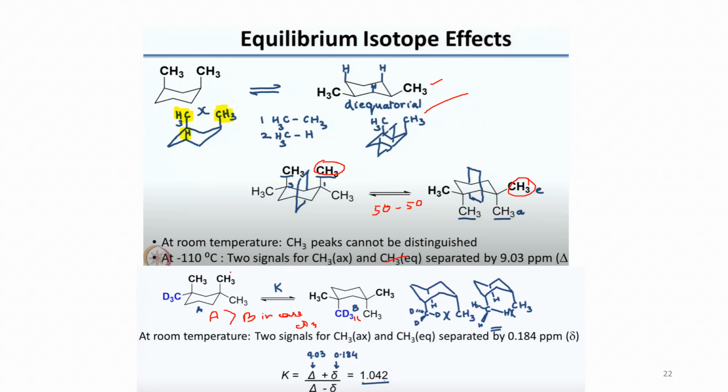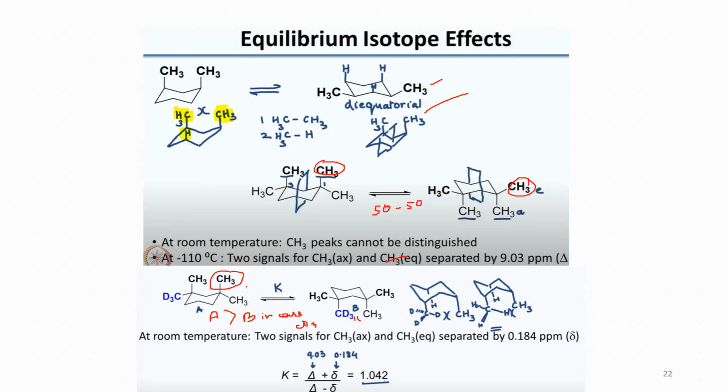In that case, this axial CH3 and this equatorial CH3 will give two different peaks, because they are less flexible to undergo ring flip, and this CH3 is less flexible to go into the equatorial form. Therefore, it will distinctly give a peak for its axial form, and the other CH3 will give a distinct peak for its equatorial position.